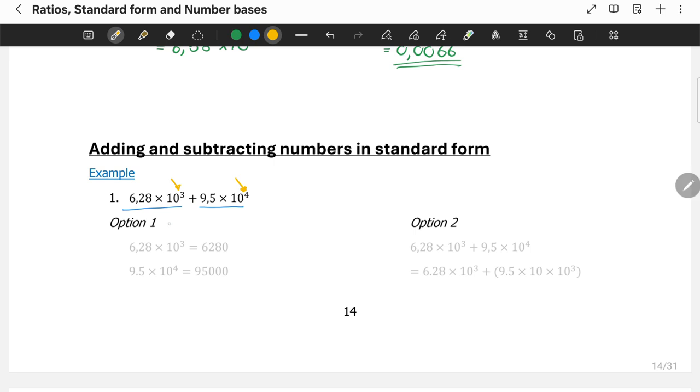So option 1 is changing from standard form to ordinary form first. So we have 6.28 times 10 to the power 3, right?